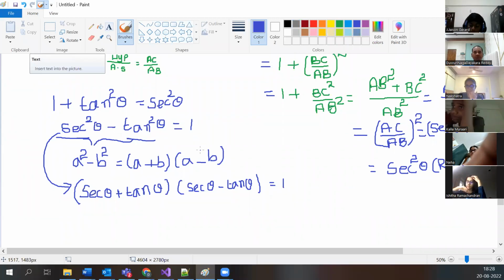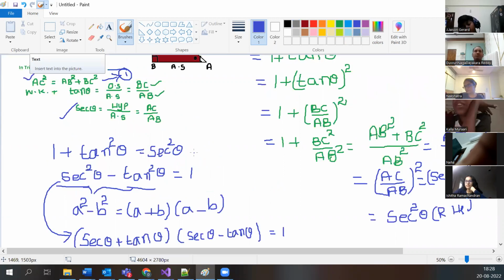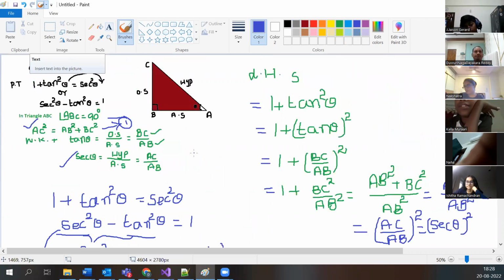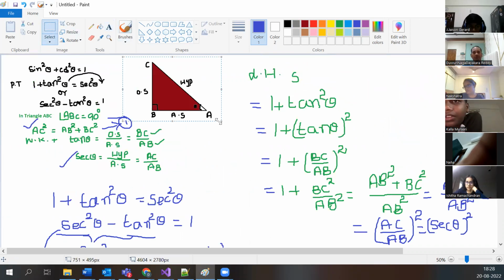Is it clear, children, everyone? Shall we move to the next one? One more identity is there. That identity is also similar to this one. Yes, sir. Okay, I need this diagram, so I will copy this. Control C. Note down in the same thing.